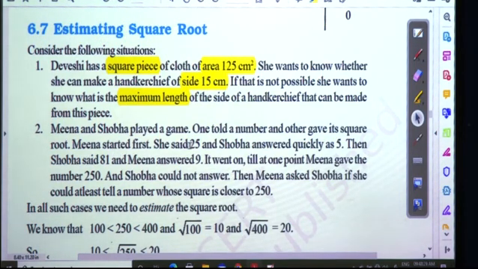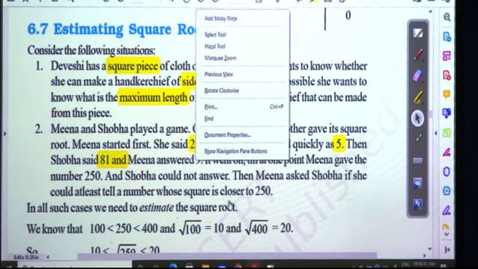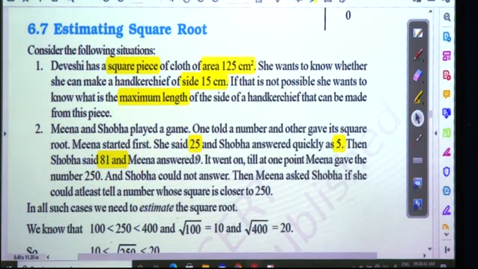Meena said 25, Shobha answered 5, the square root of 25. And then Shobha said 81, Meena said 9, the square root of 81 is 9.